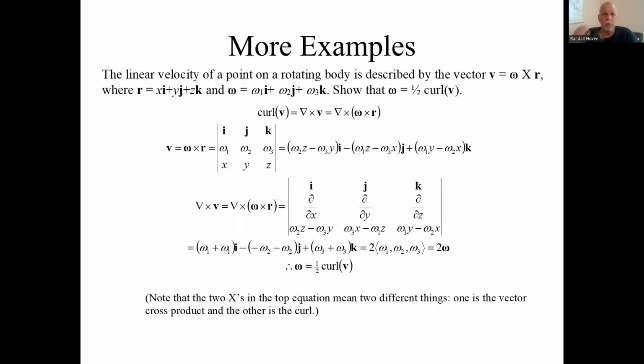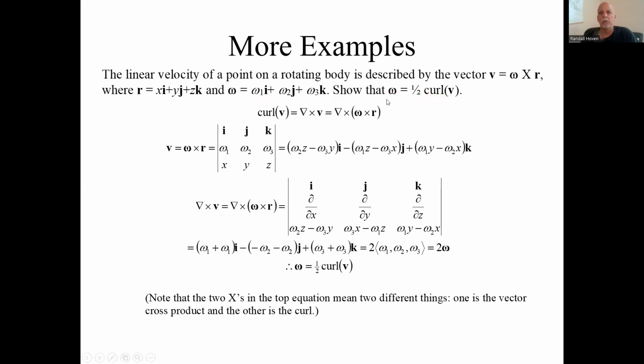One last example. A linear velocity at a point in a rotating body is described by this vector: V equals omega cross r, where r is the position vector and omega is the rotational vector, which has these three components, omega 1, 2, 3.